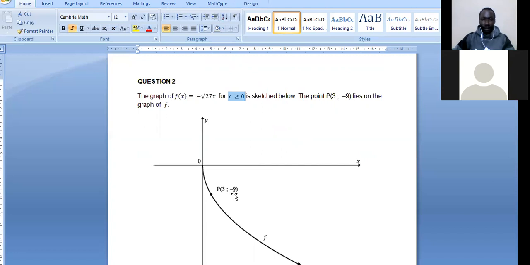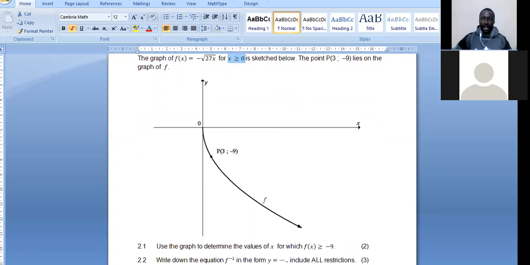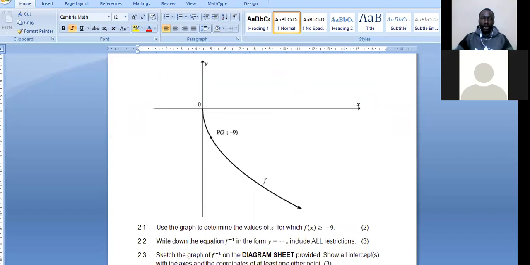Now notice that the value of the function at negative 9 has been given as here. So our task now is to find this range or the values of x. How do we determine that? Let's check. Because at this point here, you see that x equals to 3 and the value of the function, or rather y equals to negative 9.